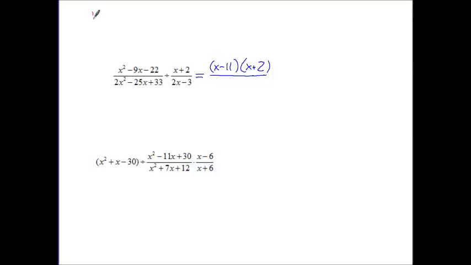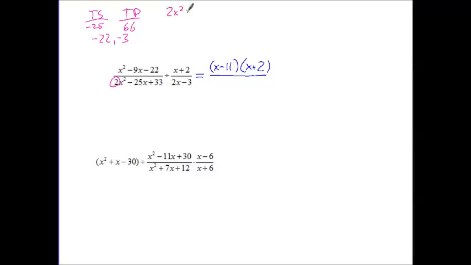Our target sum being negative 25 and the target product being 66. We realize that we also can factor this with the two numbers negative 22 and negative 3. But since we have a coefficient that is not 1, a is not equal to 1, we have to split the middle term. So let's go ahead and do this.